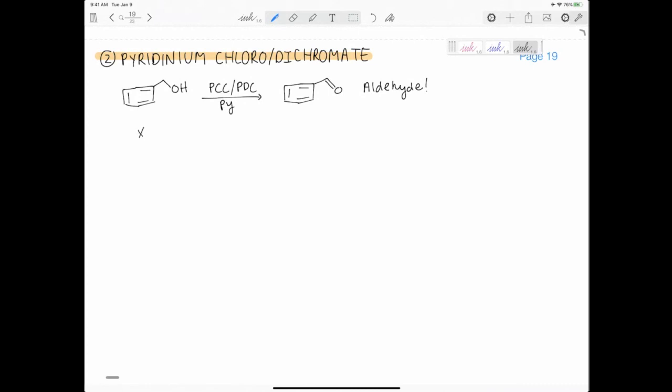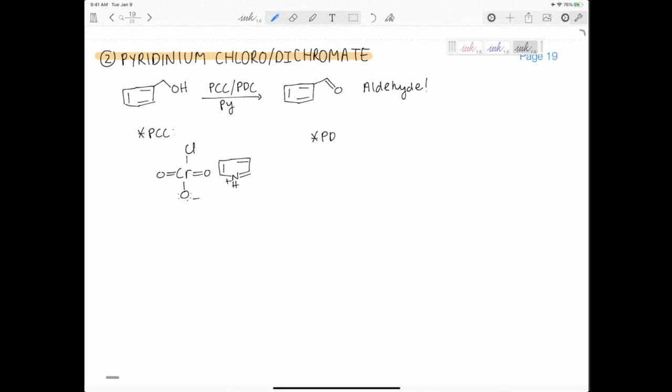Okay, so what's PCC? You guys need to know this, okay? PCC, chlorochromate, right? So it has to have a chlorine at some point, and everything else just remains pretty much the same, except that now one of the oxygens is negatively charged. How do we balance that out? We use pyridine. Okay, so this is PCC. And then PDC, dichromate.